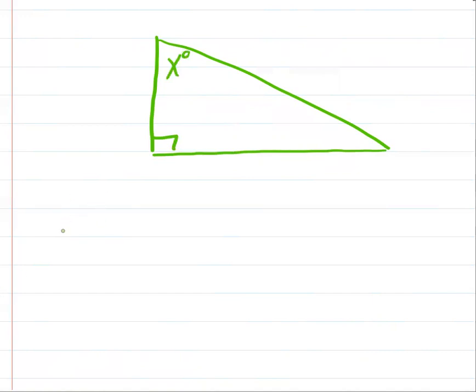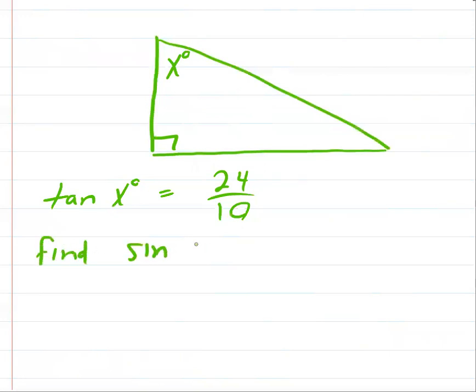Okay, so the question is going to say the tan of x is equal to 24 over 10. The tan of x equals 24 over 10. Find the sine of 90 minus x.